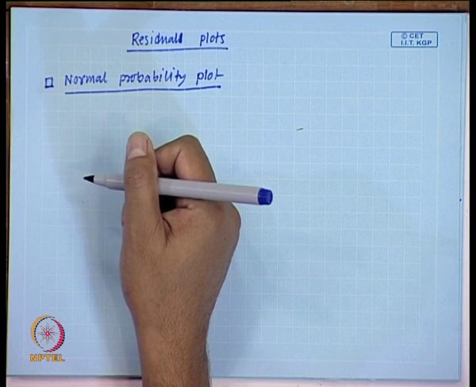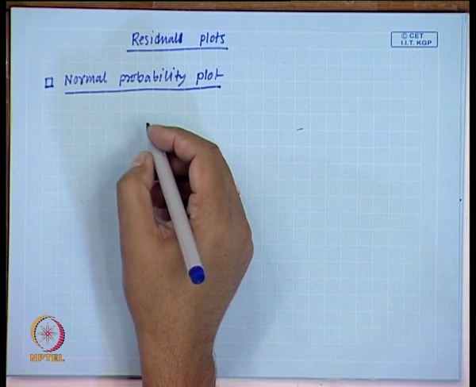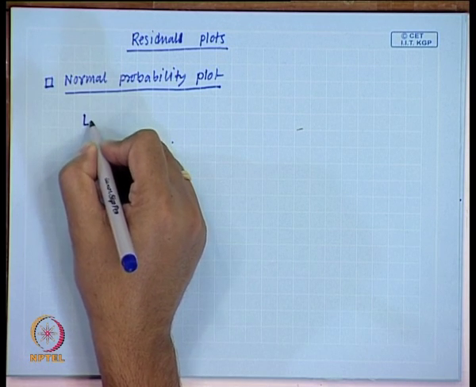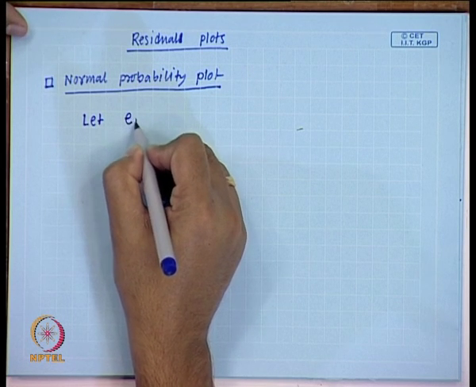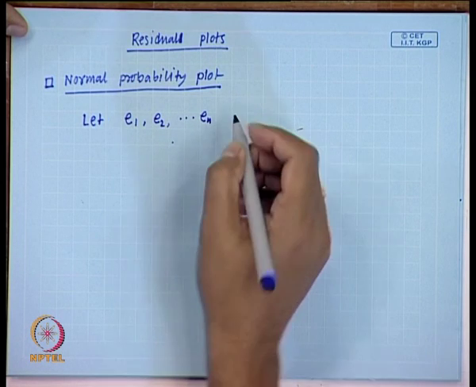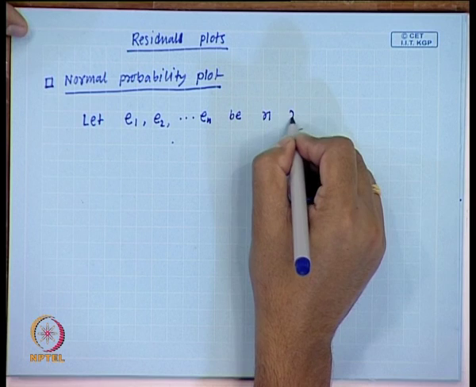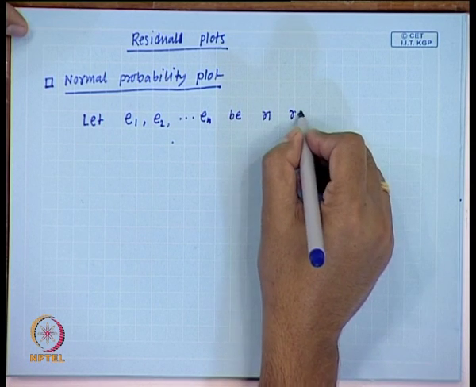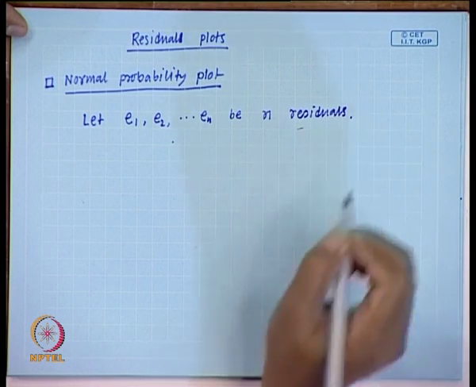So, here is the technique to test that. Let e_1, e_2, ..., e_n be n residuals, that means the regular residuals. Okay.